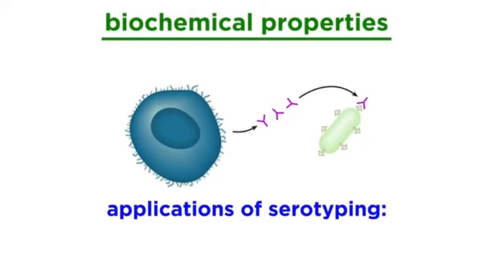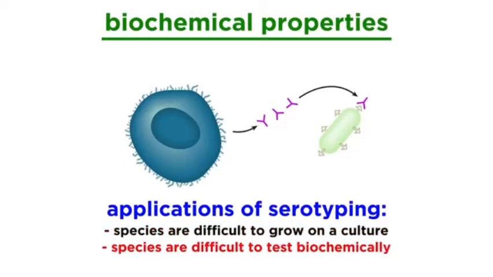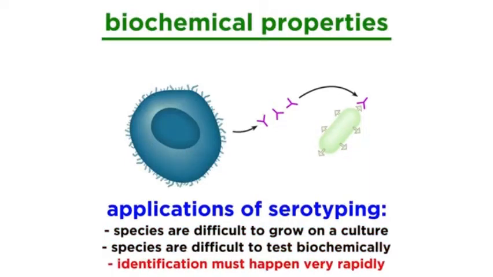Serotyping is a powerful tool for classification, especially for those species that are difficult to grow, those that are difficult to test biochemically, or those that need to be identified rapidly, such as during an outbreak.